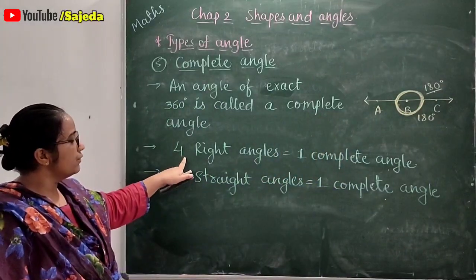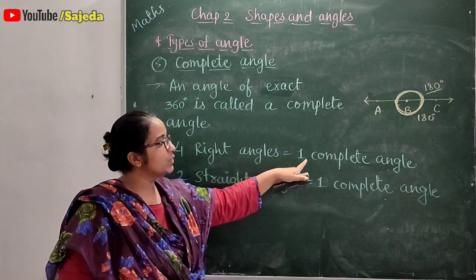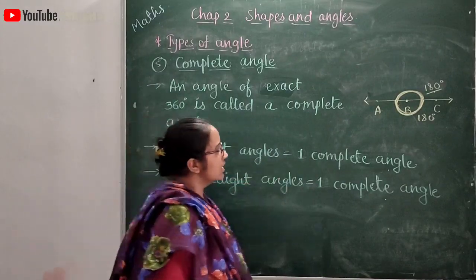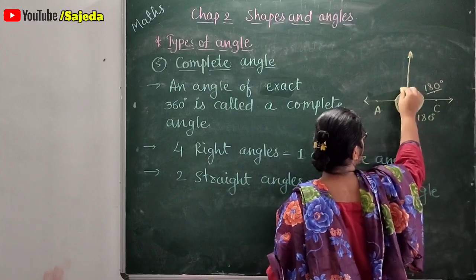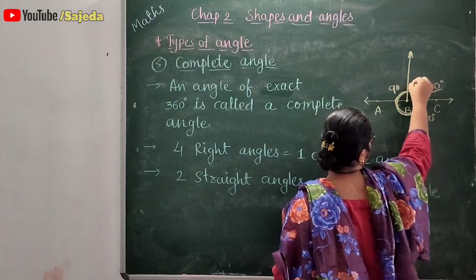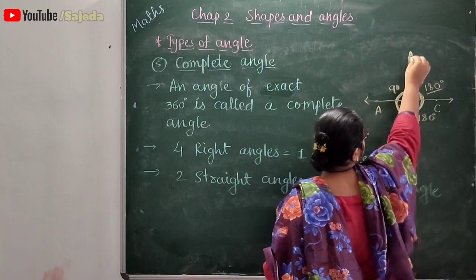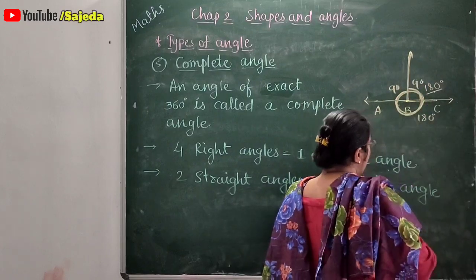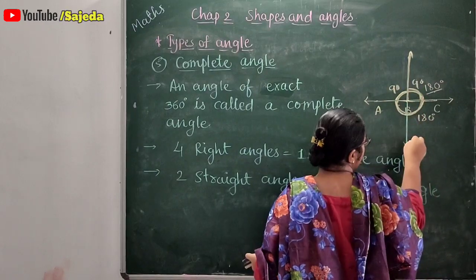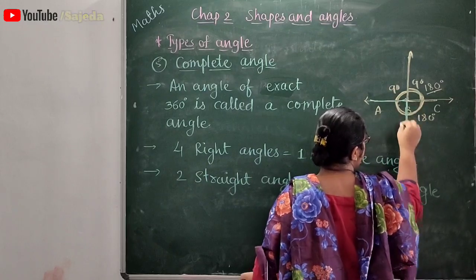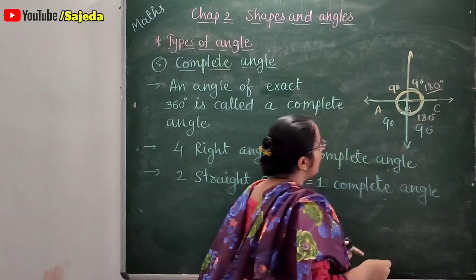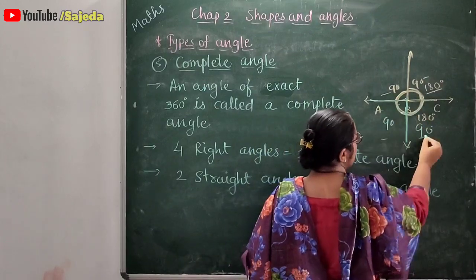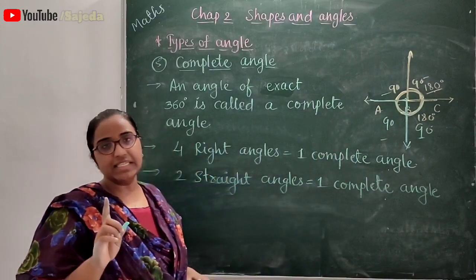Now here I have written 4 right angles is equal to 1 complete angle. So look here, if I draw a line like this, here are 2 right angles, this one and this another one. And if I draw one another ray here, it also divided into 2 right angles. So we can say that 4 right angles is equal to 1 complete angle.